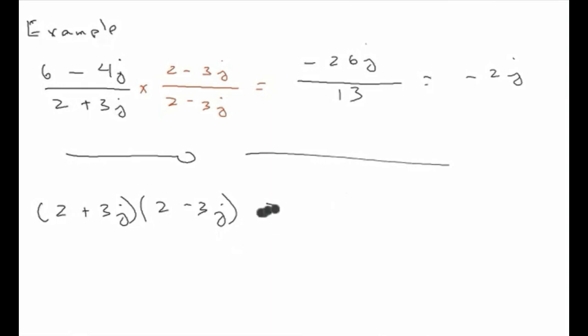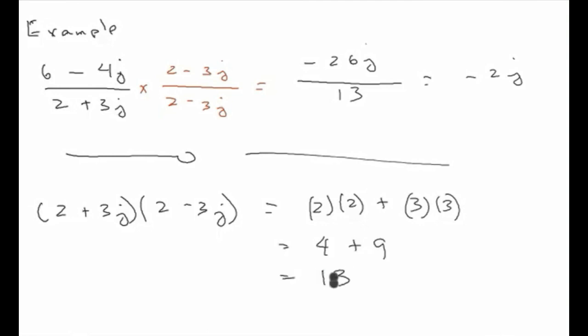And this will actually be 2 squared plus 3 squared. This is the simplest way if you are multiplying a conjugate.